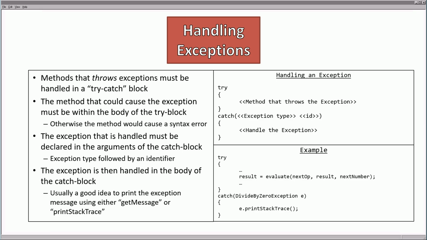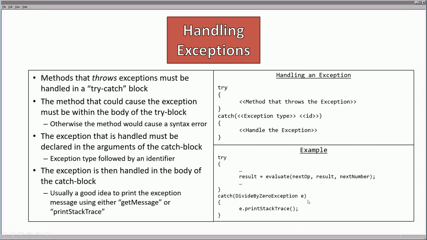What I recommend is it's usually a good idea to print the exception message, either by using the method getMessage or the method printStackTrace. Now, using this running example, we have our try and our catch block. Remember, evaluate could throw a DivideByZeroException. This is why we catch an instance of this DivideByZeroException here.